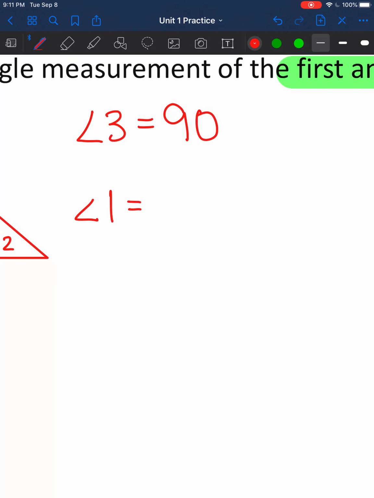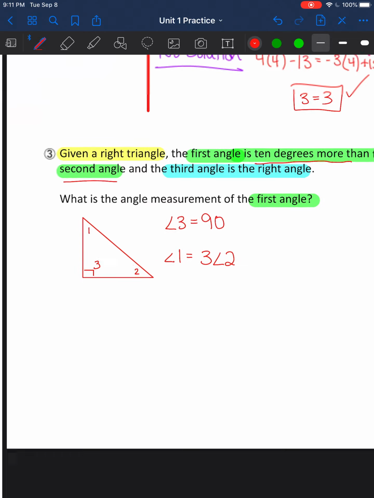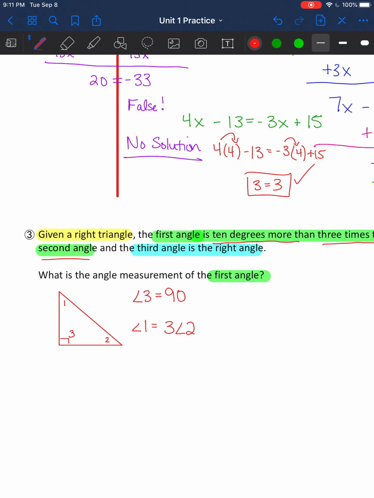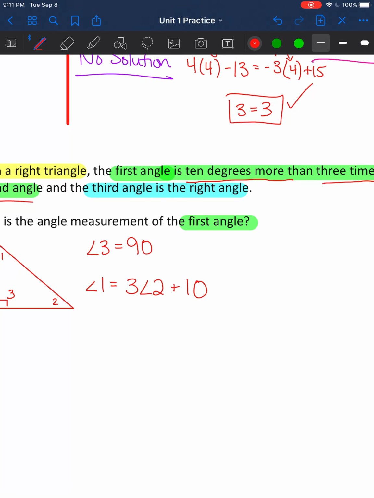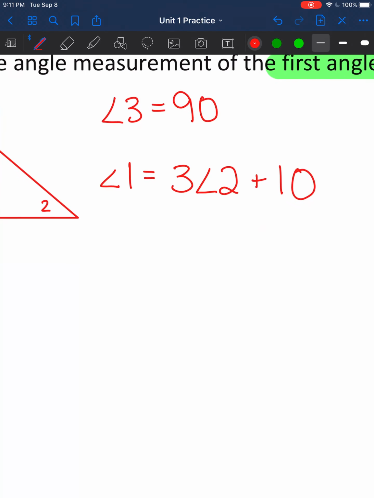So what that just told us is that 3 times the degree of the second angle, and 10 more will get you the measure of the first angle. And I don't know what angle 2 is, so let's call that x.